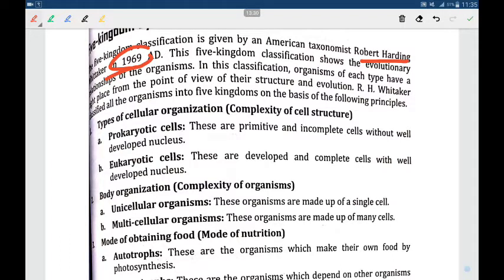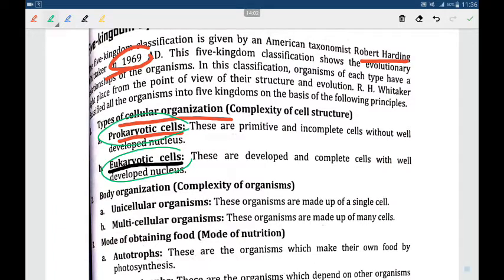Now let's discuss types of cellular organization. Prokaryotic cells and eukaryotic cells. We know the basic unit of life, fundamental unit of life. So the cells can be categorized as prokaryotic and eukaryotic. What do you know about prokaryotic cell?